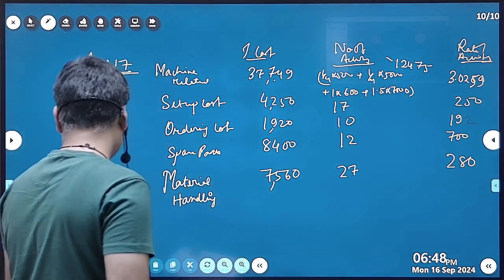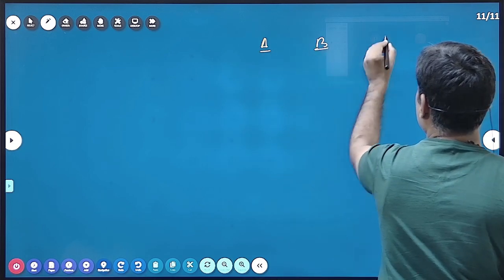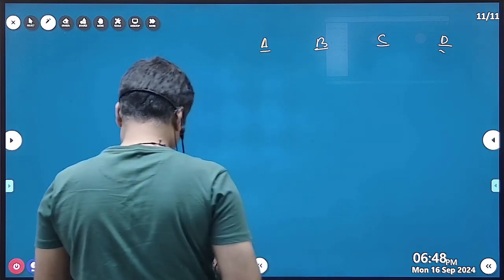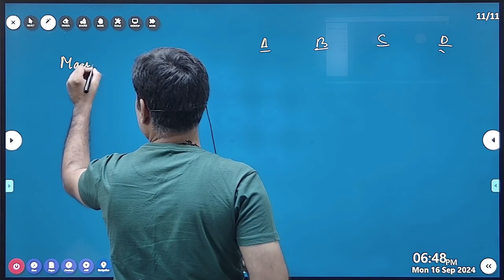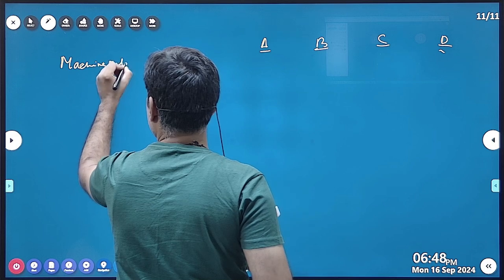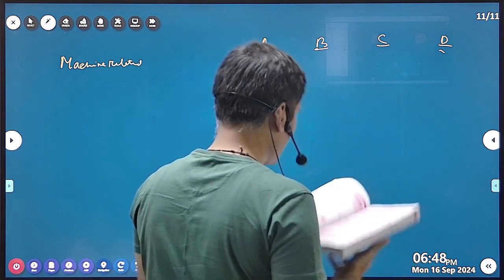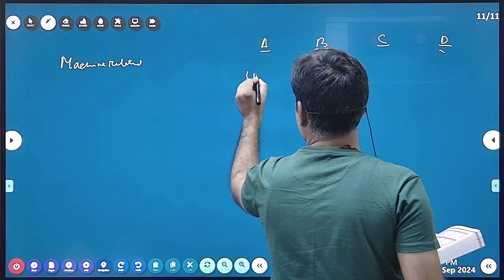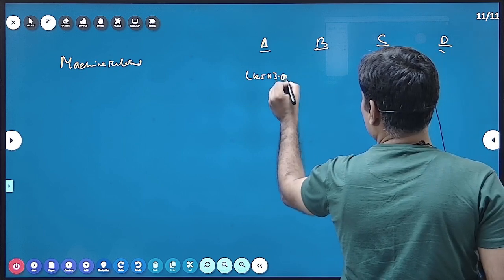Now we need to find what? Overhead cost. A, B, C, D. Machine related. First was machine related, right? Machine related. How much? 500, 125. 500 into 1 by 4th, 125 into 3.0259.